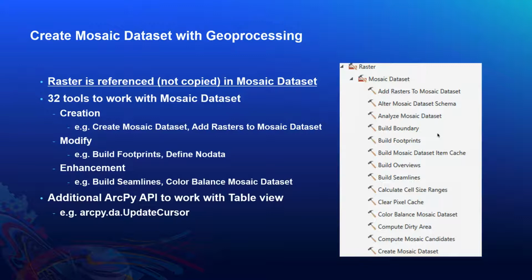And because the Mosaic dataset is also a table of records, you can utilize ArcPy APIs that work with tables to manipulate the records in the Mosaic dataset table, such as the data access update cursor, which allows you to update field values, add new fields, update new field values, and delete field values in the Mosaic dataset table.